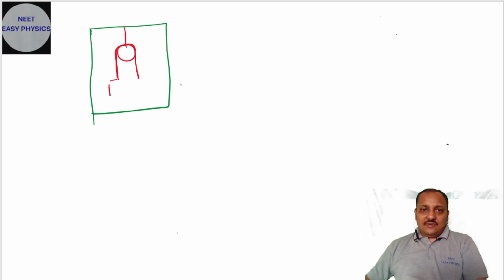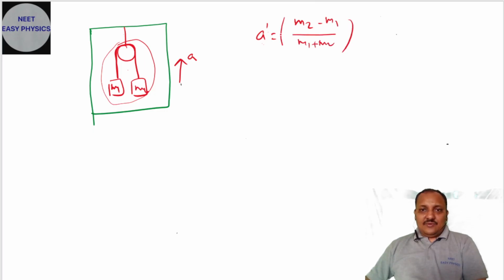Next up, the same Atwood machine they are going to take in a lift which is moving either upwards or downwards. M1, M2, which is moving upwards with acceleration a. Now, what is the acceleration of these two objects they will ask? So, the acceleration of the Atwood machine, a dash, is the same formula. If M2 is greater than M1, M2 minus M1 by M1 plus M2.